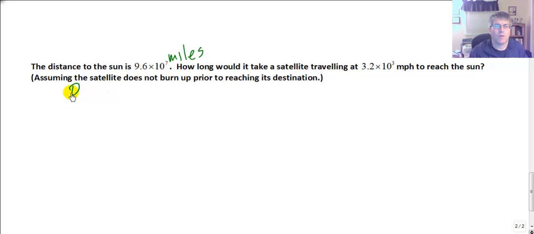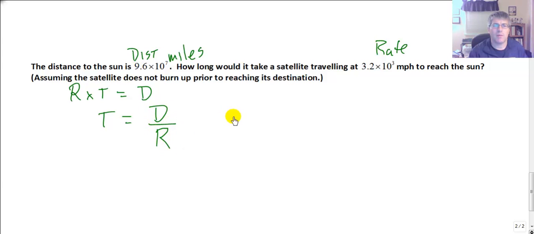Don't we know that rate times time equals distance? So we have a distance and we have a rate. So our time equals distance divided by rate.